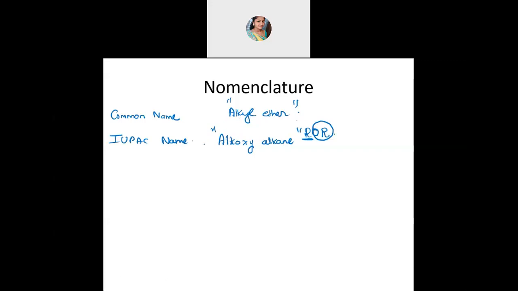Now we'll start with the naming part of this. So listen properly when I'm giving the name, because it's a little different than what you have studied so far. So let me start with the first compound, the simple ether, CH3OCH3. Common name, as I said, is written as alkyl ether.